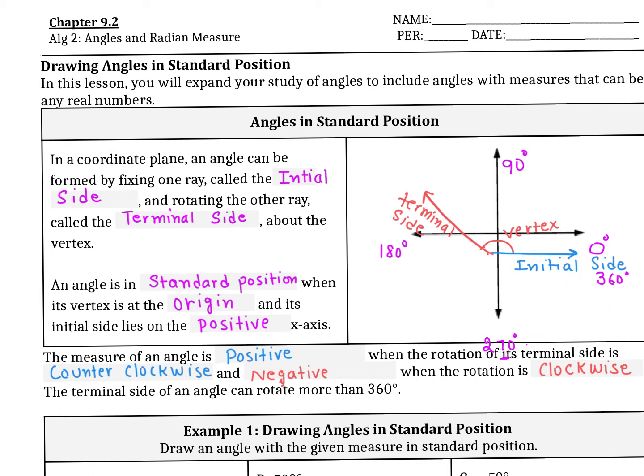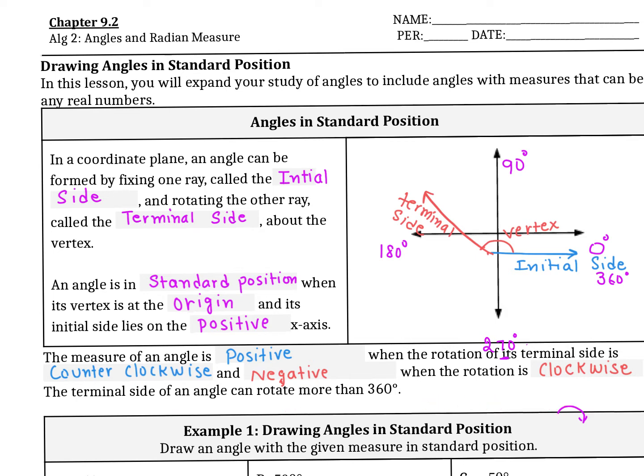If we count this way, it is called counterclockwise, going positive: 0, 90, 180, 270, 360. The measure of an angle is positive when the rotation of its terminal side is counterclockwise, and negative when its rotation is clockwise.